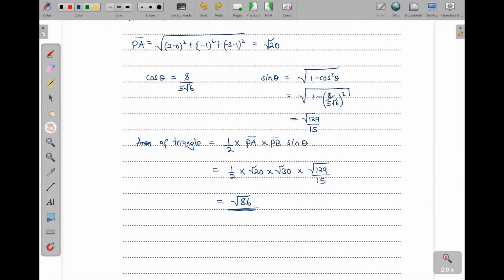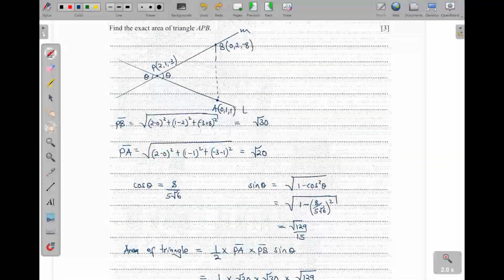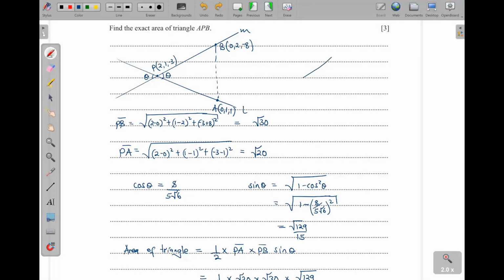Another person would have actually used this one here. They can use a right angled triangle, and they say cosine of theta is 8 over, cosine is adjacent over hypotenuse. So this is the adjacent, and then the hypotenuse is 5 root of 6.